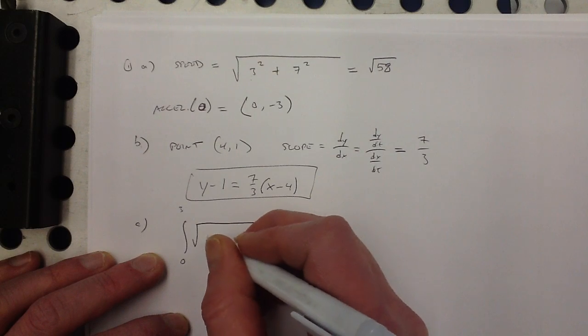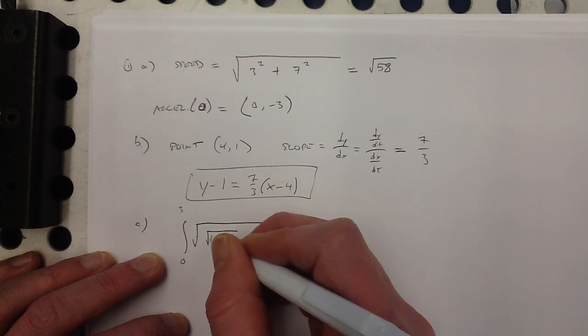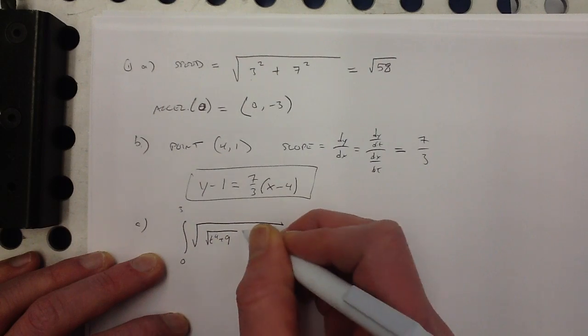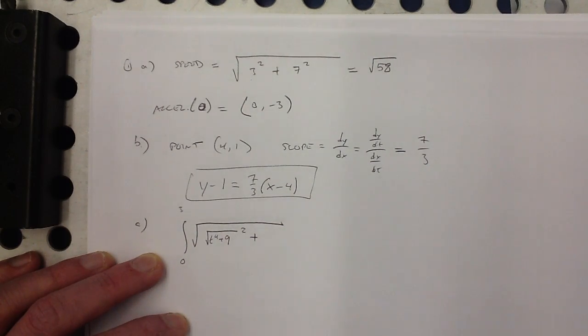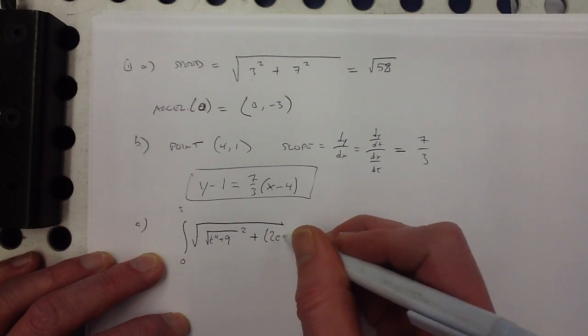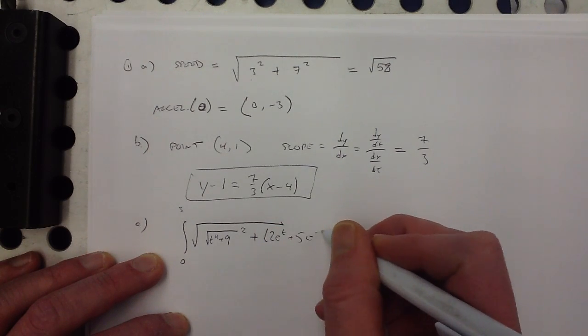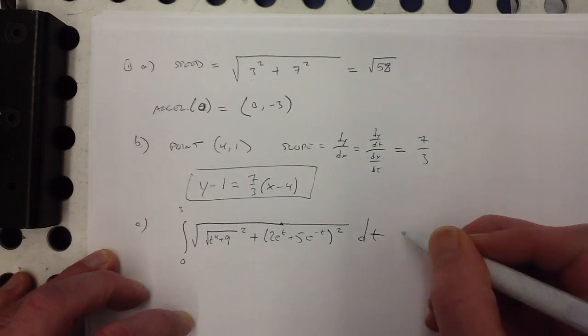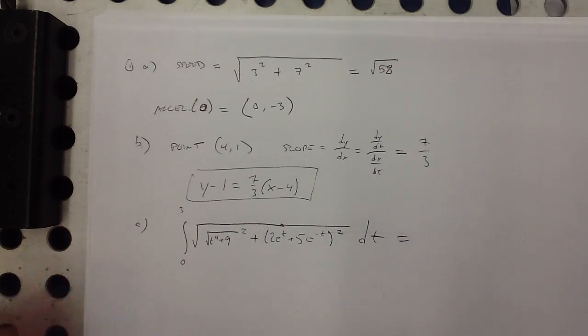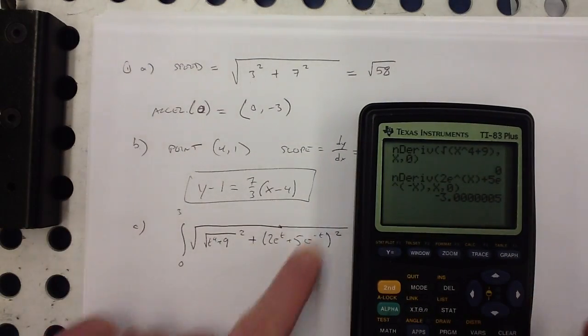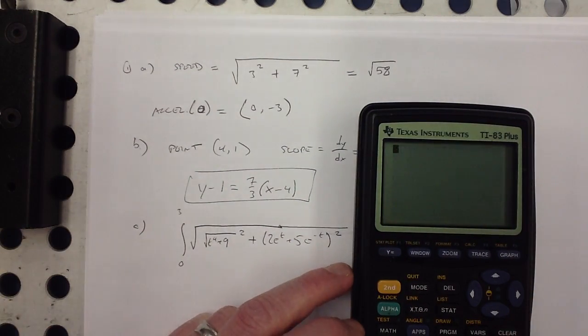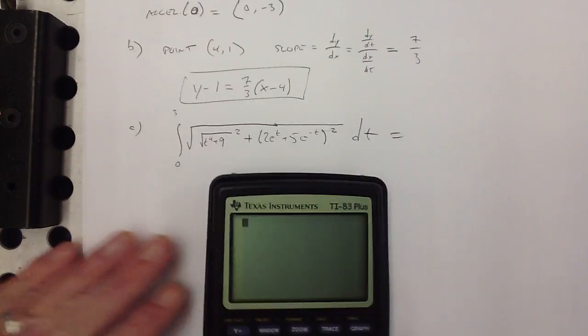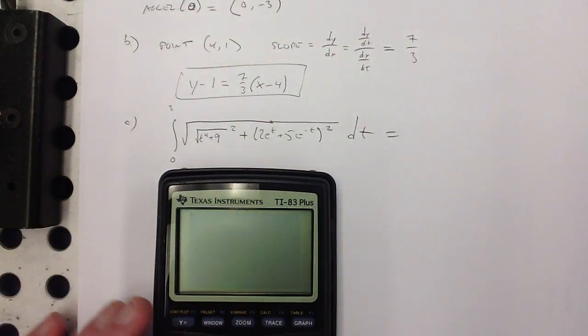So this would be the square root of dx/dt, t to the 4th plus 9, squared, plus 2e to the t plus 5e to the negative t, squared, dt. That's how we find total distance traveled, right? It's also known as the length of the curve. Let's see if I can get that in my calculator without messing it up. Certainly write that down, because that's probably worth a point.